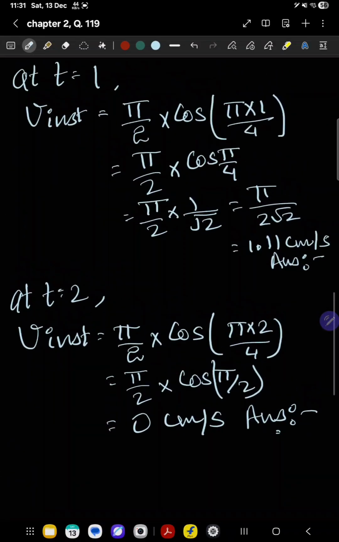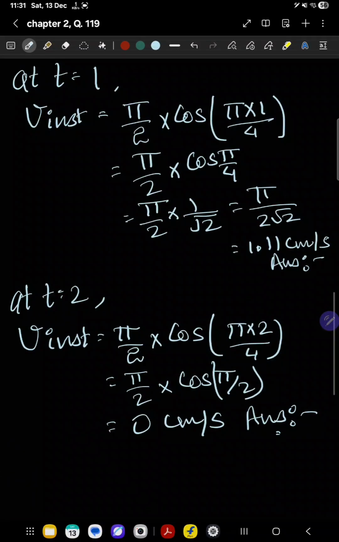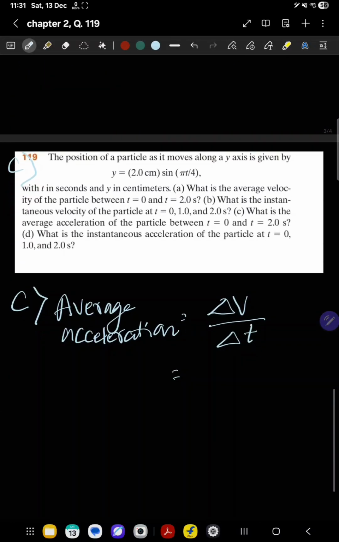In the B part, at t equal to 2 seconds, we calculated the velocity as 0 centimeter per second, right?